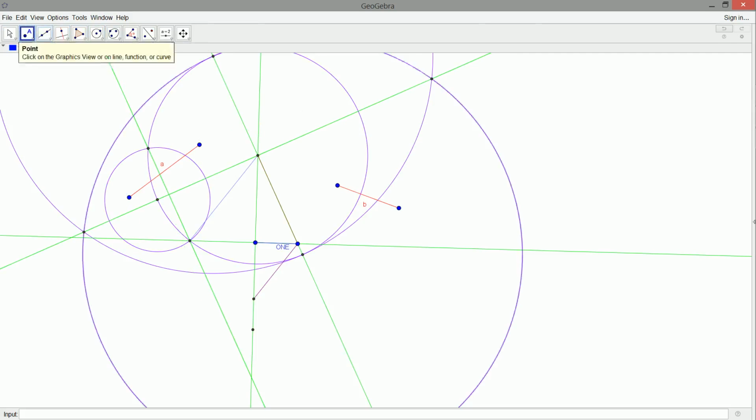And there it is, and then it intersects down here at a length known as A times B.